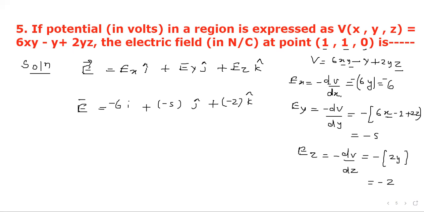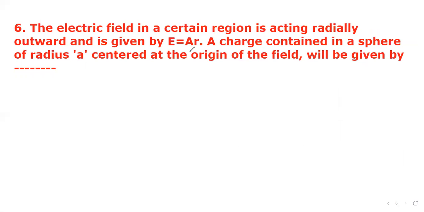Now let's take the next question. The electric field in a certain region is acting radially outward and is given by E equal to Ar. The charge contained in a sphere of radius a centered at the origin of the field will be given by.